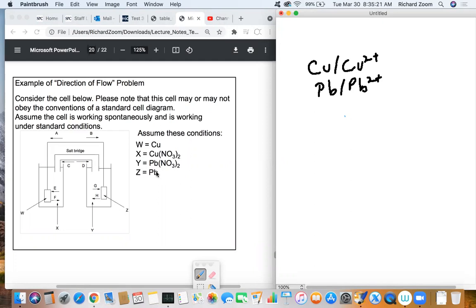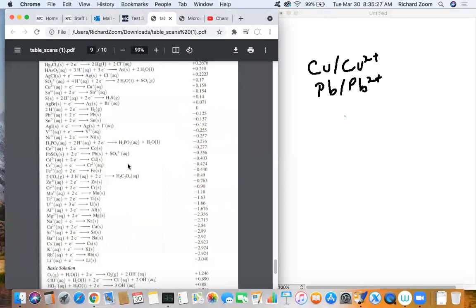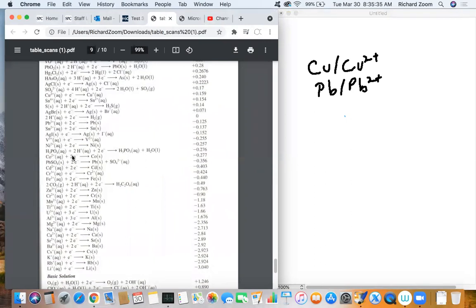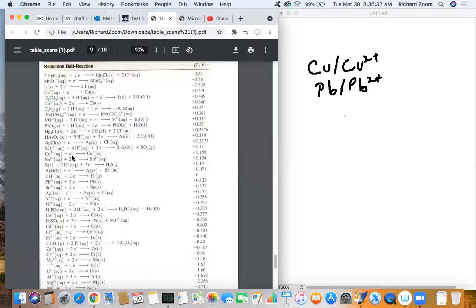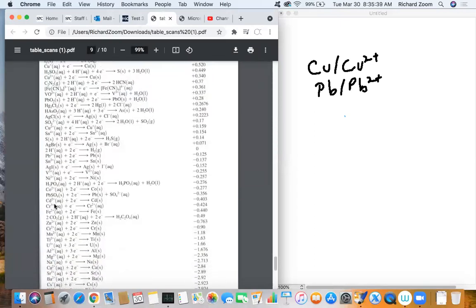Does anybody have any questions so far? So I can go hunt these down on the table. I can see the lead somewhere, I hope. Where's the lead? This isn't it. This is something else. This is PbSO4. We need something involving Pb2+. There it is there.